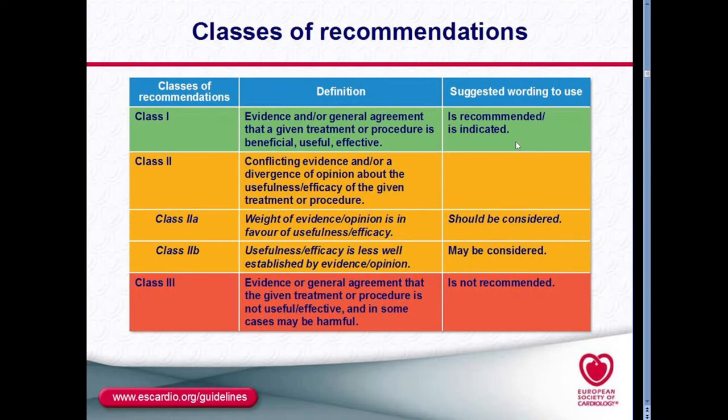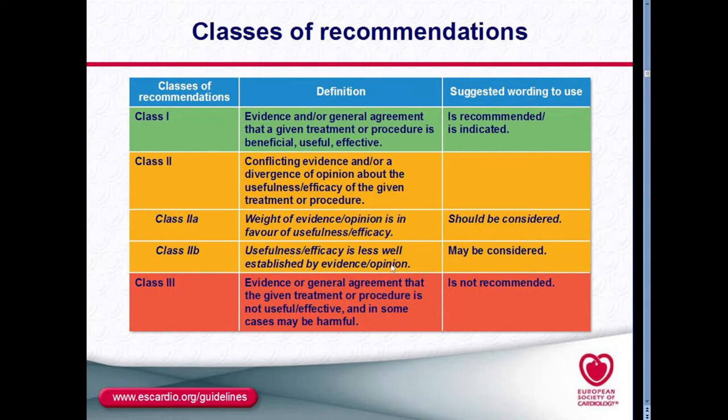Class 2, what does it mean? When there is conflicting evidence and or divergence of opinion about the usefulness and efficacy of the given treatment or procedure. So, class 2a should be considered because the weight of evidence opinion is in favor of usefulness, efficacy.